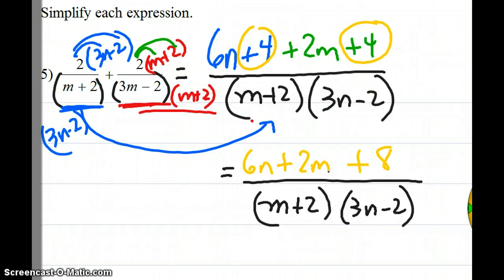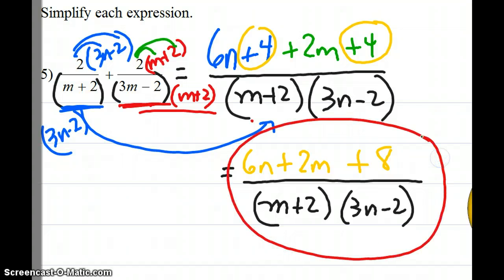They don't look alike. So final answer will just be all of this. So again, this is a little bit more complicated, but the whole idea of common denominators is going from our fractions that had numbers, and then we're going fractions to variables.